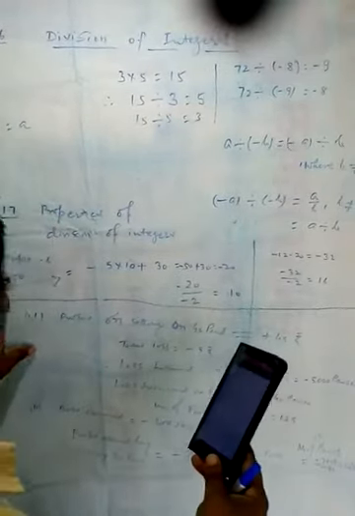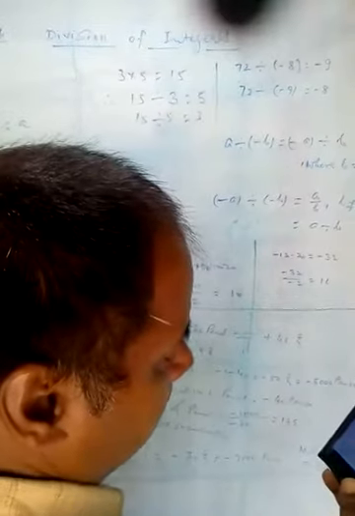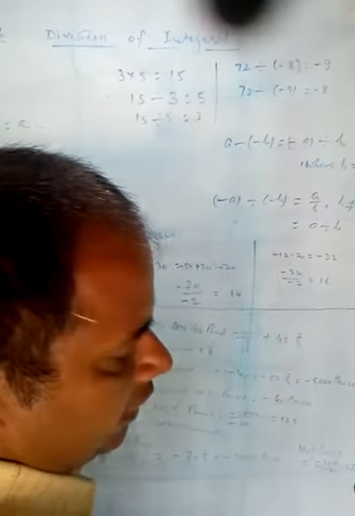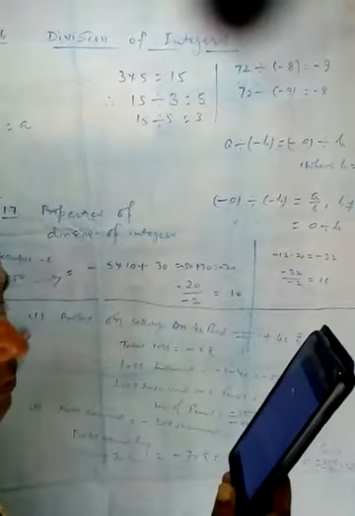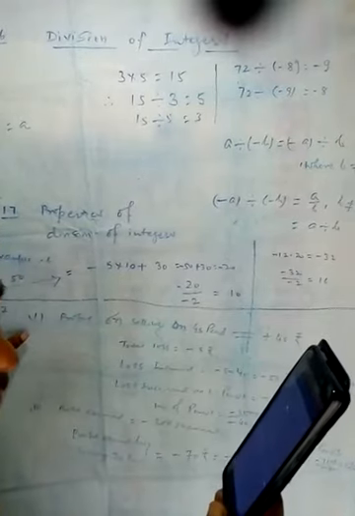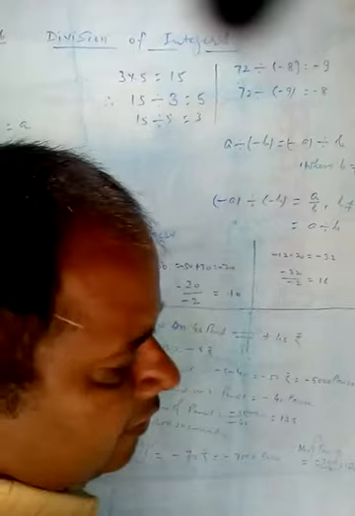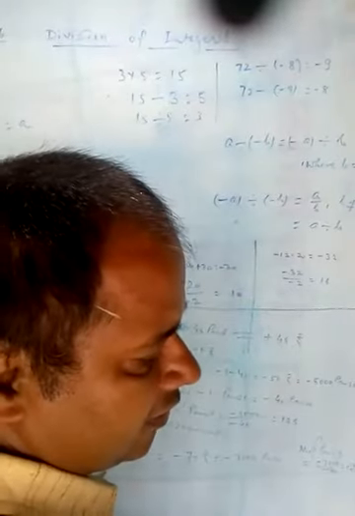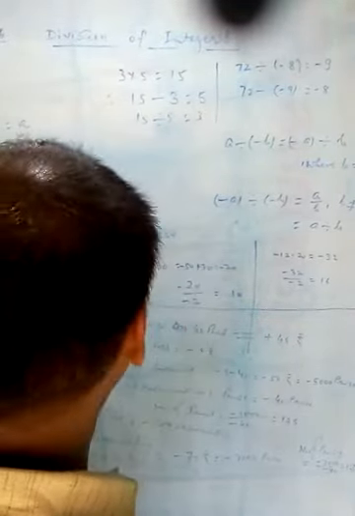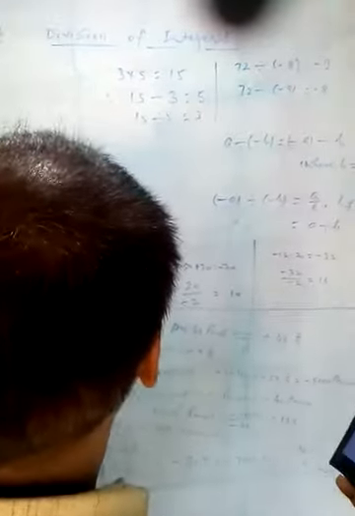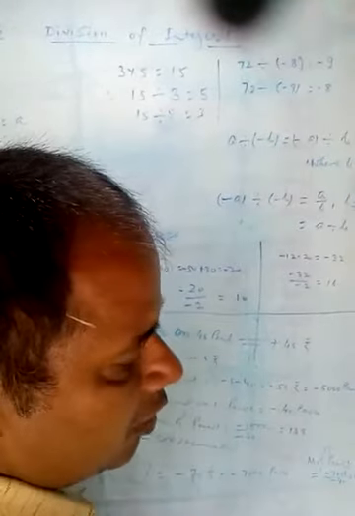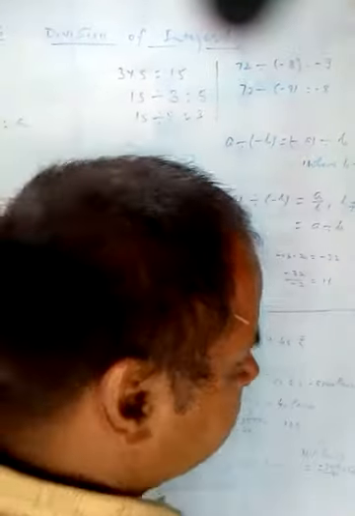In a test, +5 marks are given for every correct answer. So she has done 10 correct answers, and so she has got 50 marks for the correct answers.